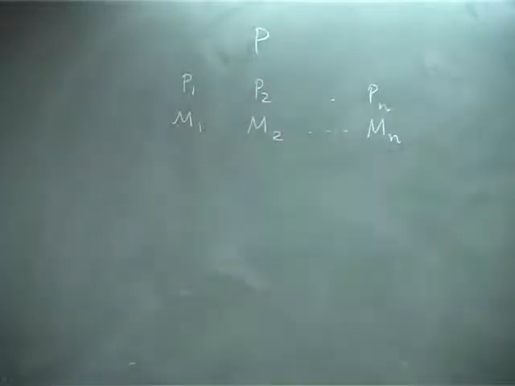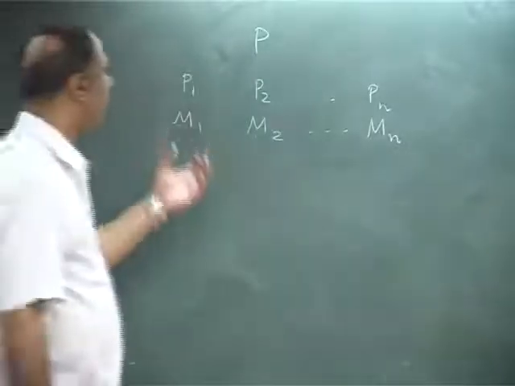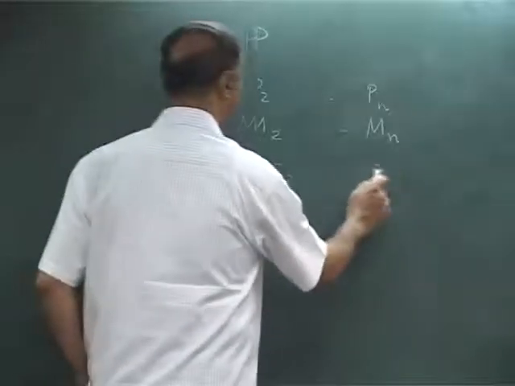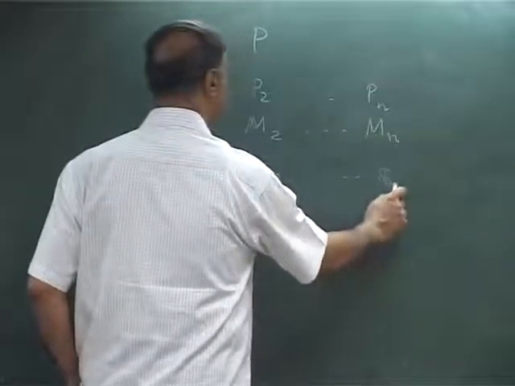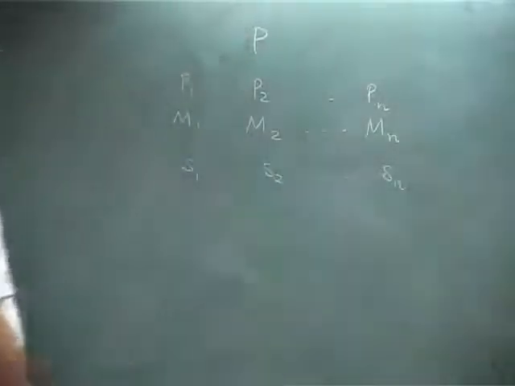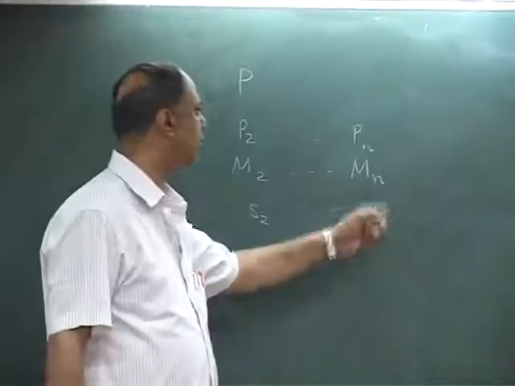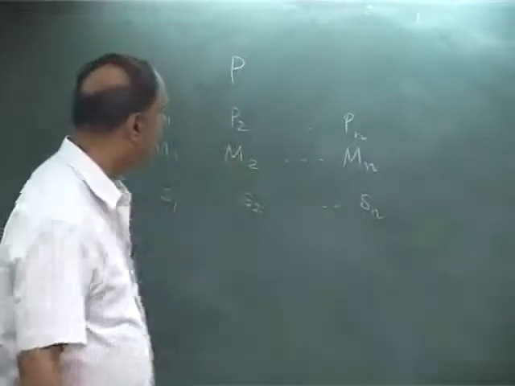Machine Mi solves the subproblem Pi, and similarly for all i, so M1 solves the subproblem P1 and so on. Let S1 be the solution of subproblem P1, S2 the solution of subproblem P2, and Sn the solution of subproblem Pn.